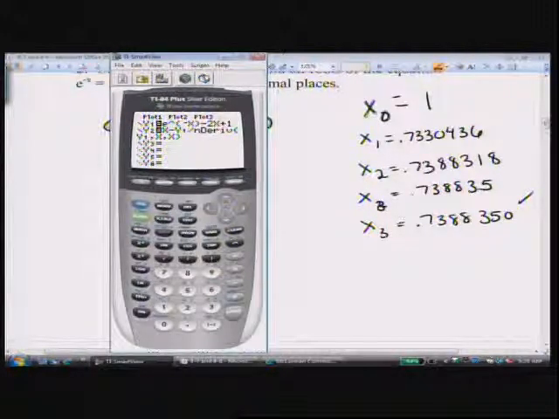Okay? And do you want to try it with this first function, e to the negative x minus 2x plus 1?